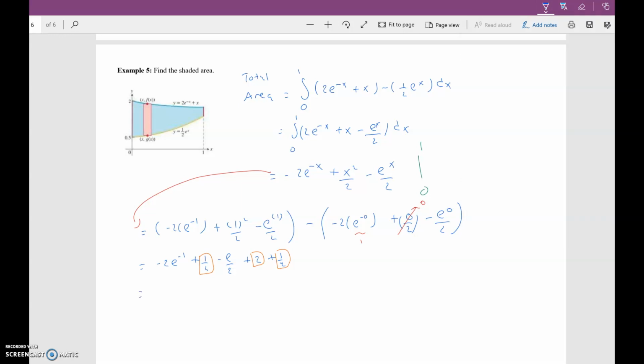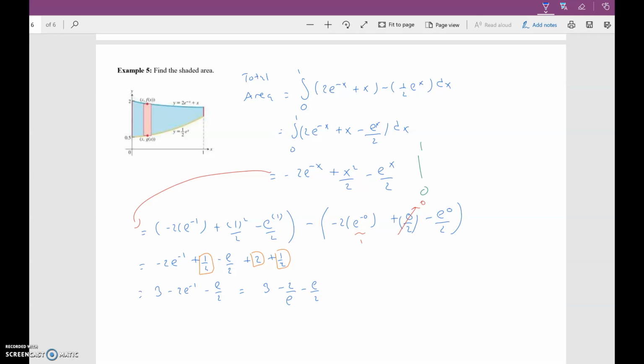So let me rewrite it as 3 minus 2e^(-1) minus e divided by 2, or technically 3 minus 2 over e minus e over 2.